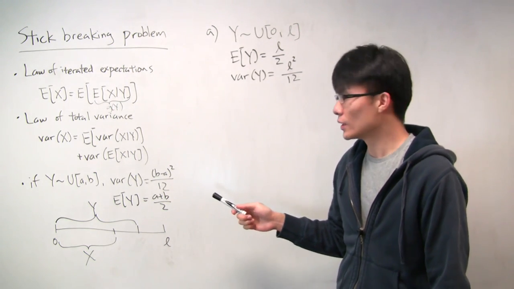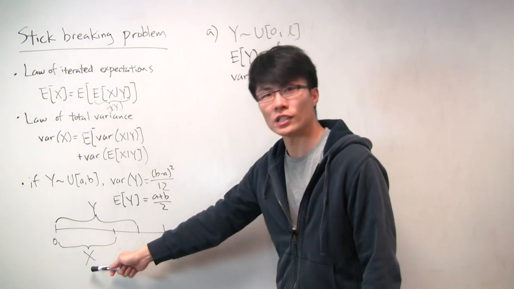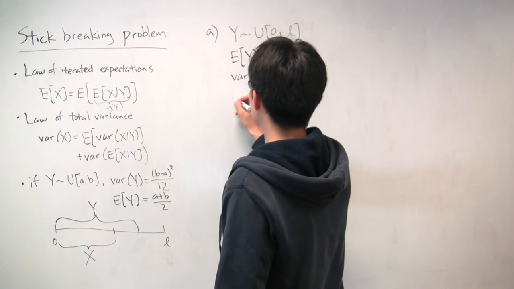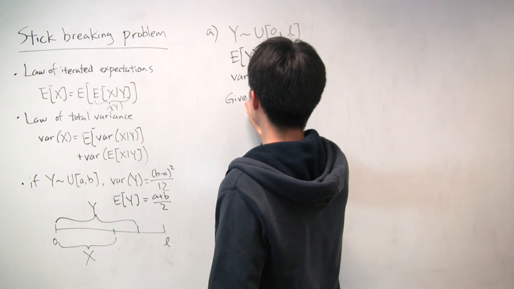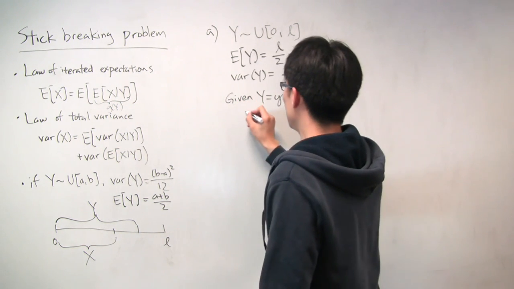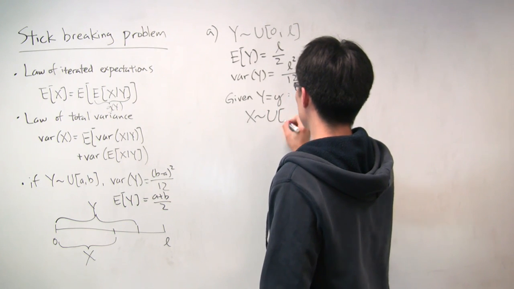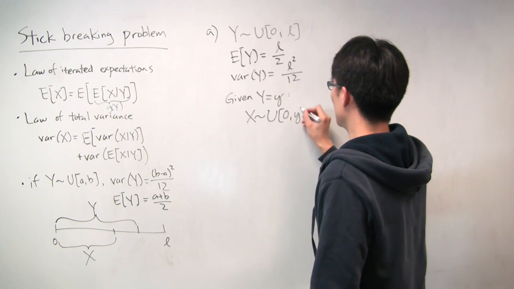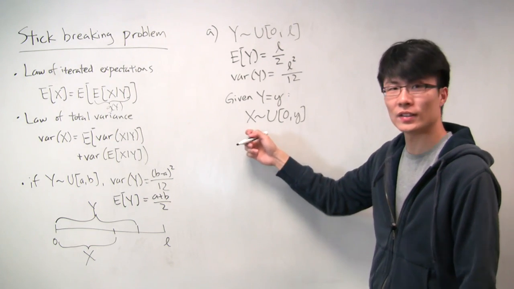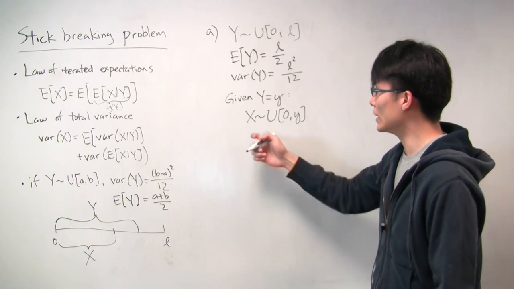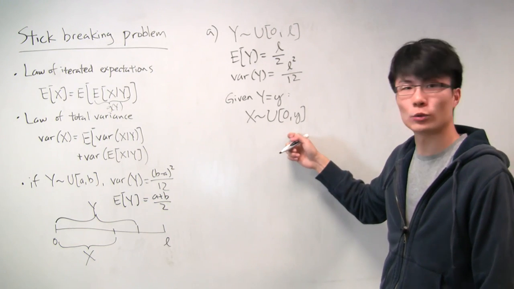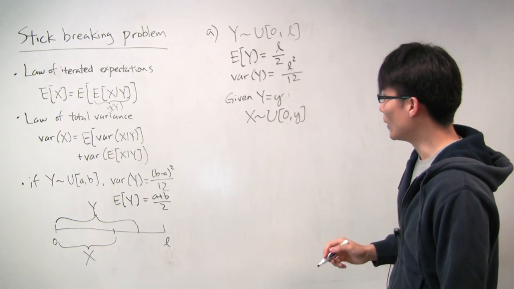If we knew what y was, then calculating the expectation of x would be simple. If we were given that y is just some little y, then x would be uniformly distributed between 0 and little y, and the expectation of x would just be y over 2, and the variance would just be y squared over 12.